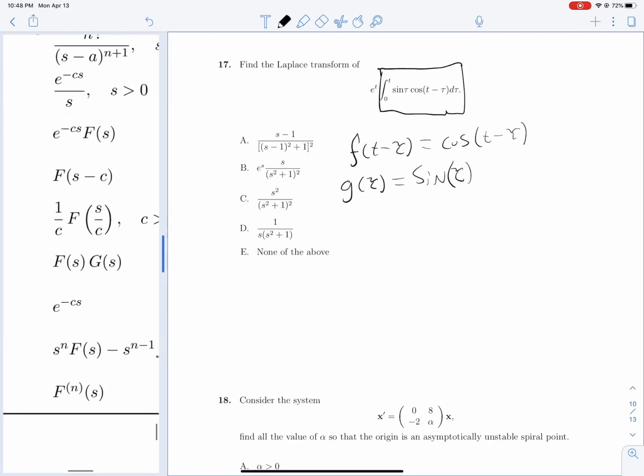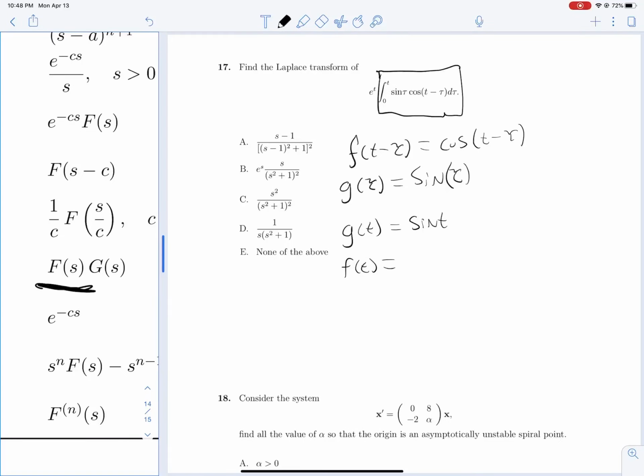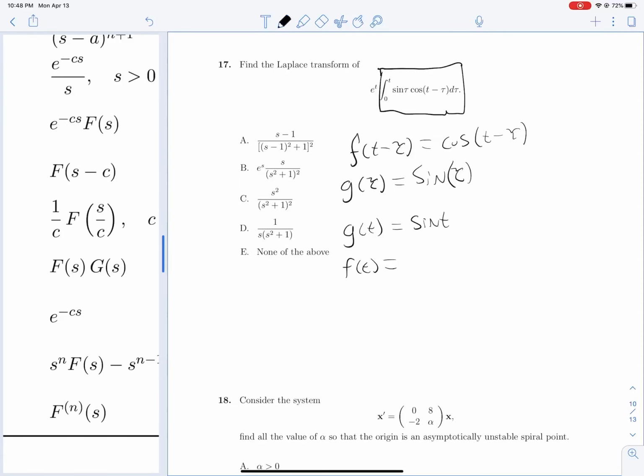And we're told that the Laplace transform of this will just be the Laplace transform of sine of t. I'll turn all of our taus into t's in a sec. So we have g of t is just sine of t, and f of t, which is what we need to take the Laplace transform of to find f of s, is just cosine of t.